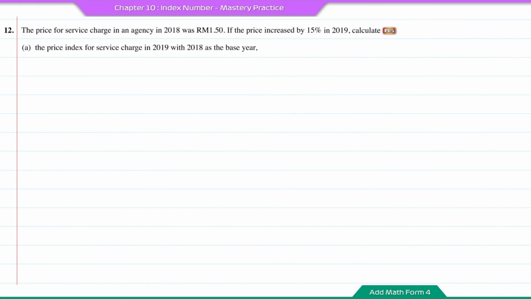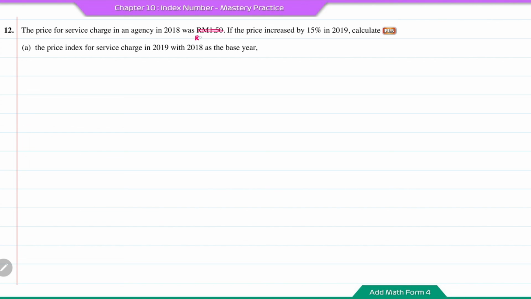Question 12. The price for service charge in an agency in 2018 was 1 ringgit 50 cents. If the price increased by 15% in 2019, calculate A, the price index for the service charge in the year 2019 with 2018 as the base year. If based on the answer in the textbooks, there will be an error in the price for the service charge, which is the 1 ringgit 50 cents.